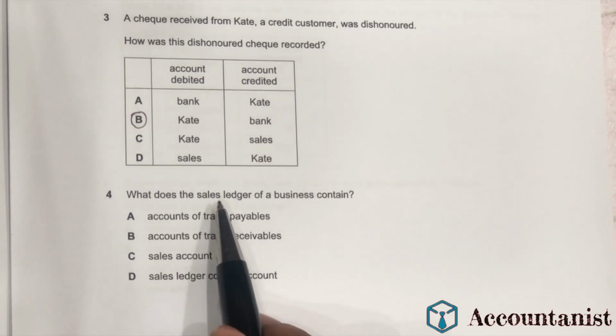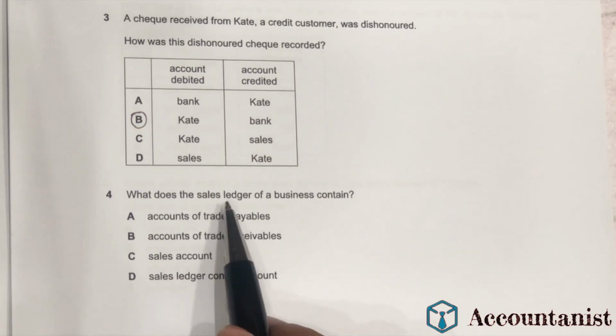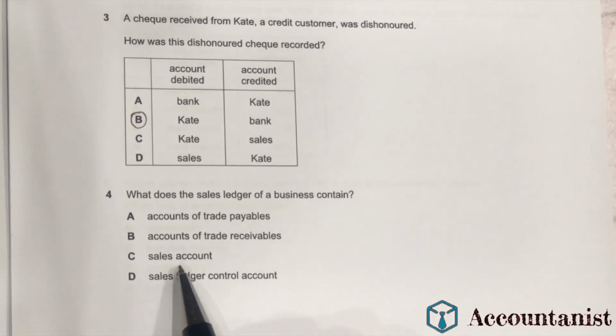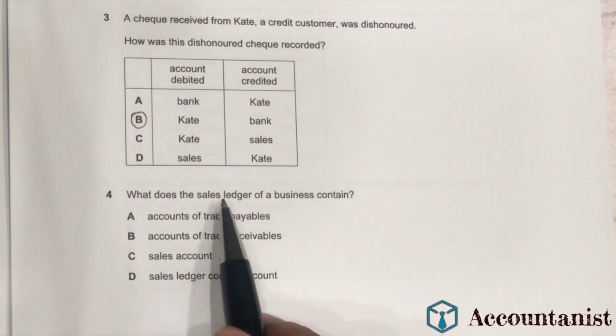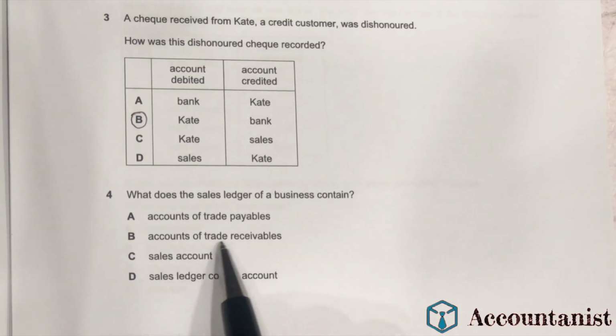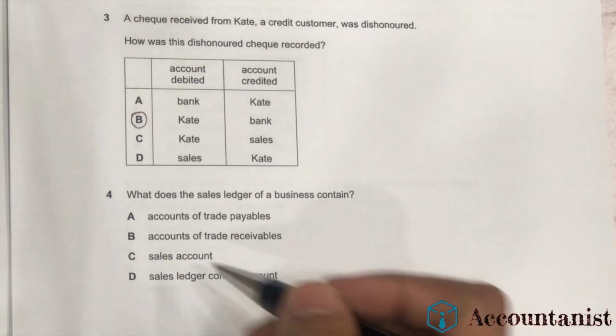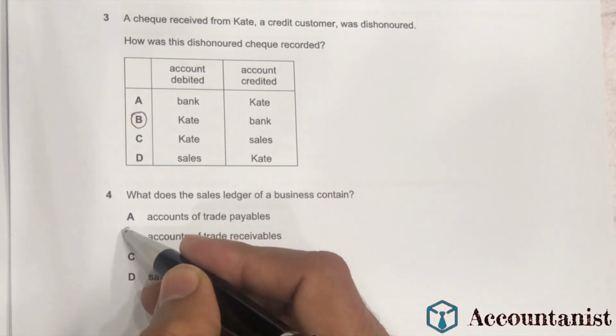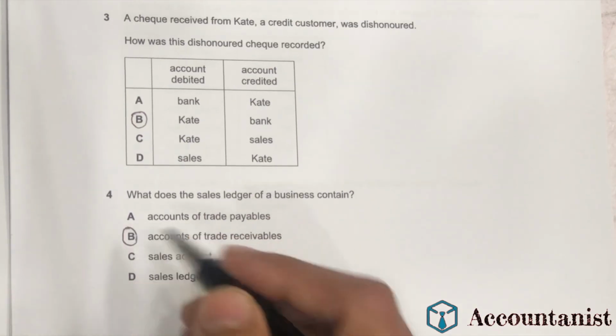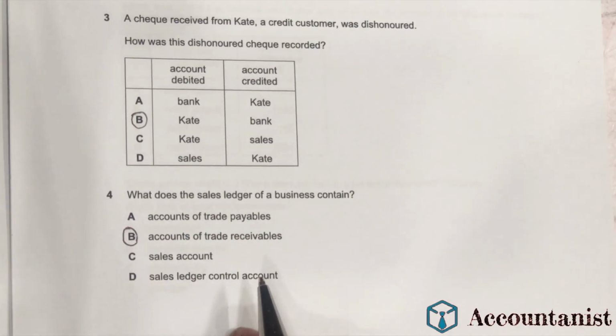Normally students get confused between the sales ledger and the sales account. The sales account is a T account and the sales ledger is a book in which we make accounts of our customers, meaning the accounts of trade receivables. So the right option for this question is option B.